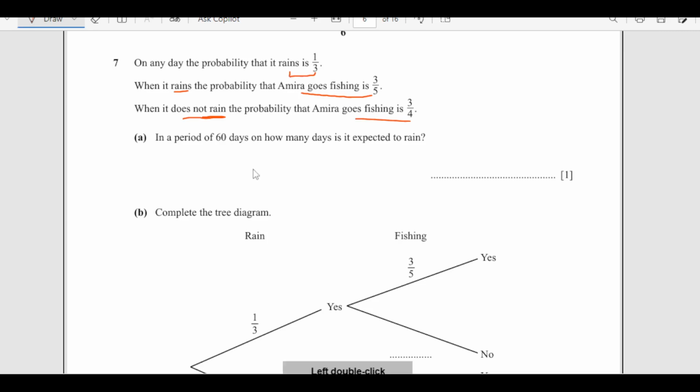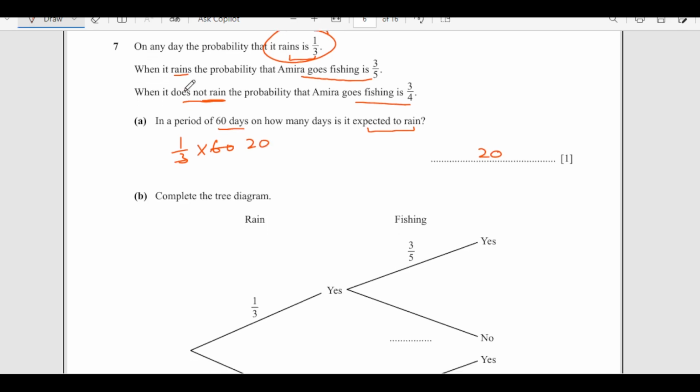So in the period of 60 days, on how many days is it expected to rain? Probability of it rains is 1 over 3, and we are talking about 60 days, times 60, so it's a straightforward question. So 20 days are to be expected to be with rain, right?